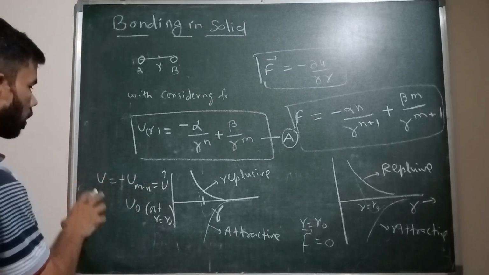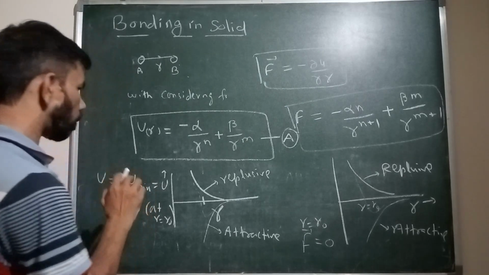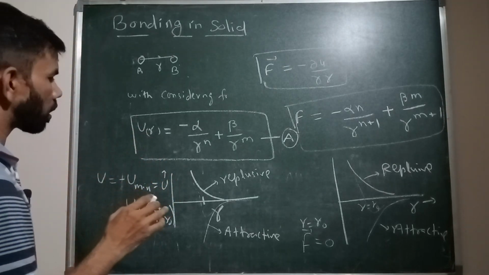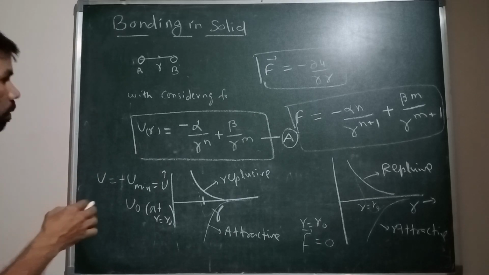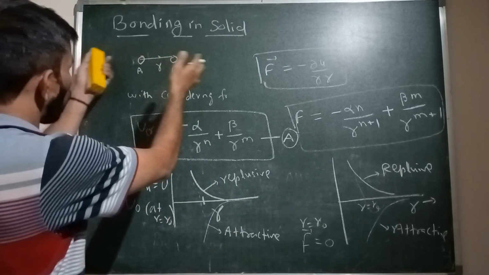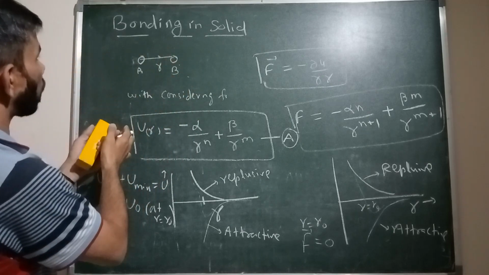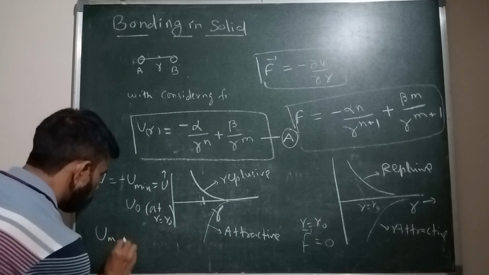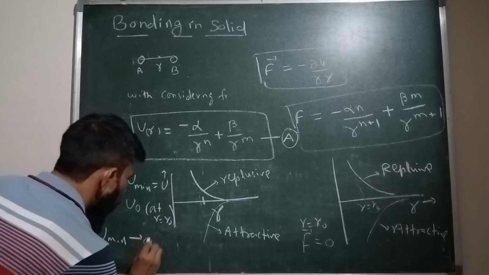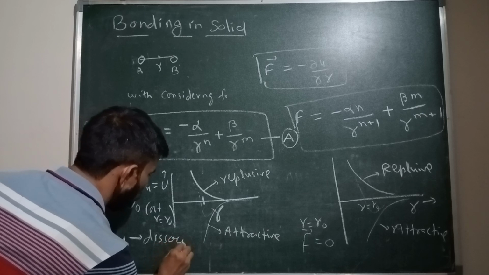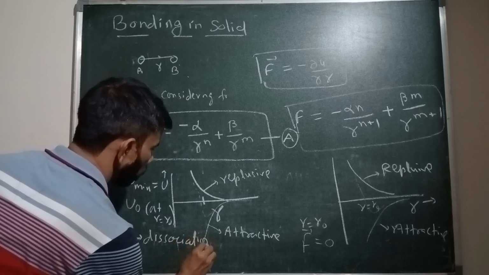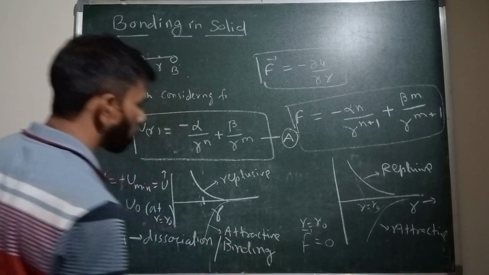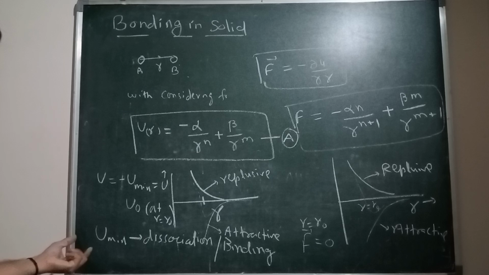This potential energy is the minimum energy. And what is the minimum energy? Minimum energy is the dissociation energy or the binding energy, which separates these atoms so that they are isolated. So U minimum is known as the dissociation energy or binding energy of molecules to separate.